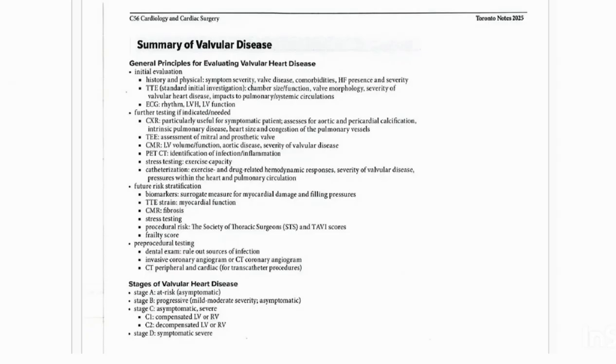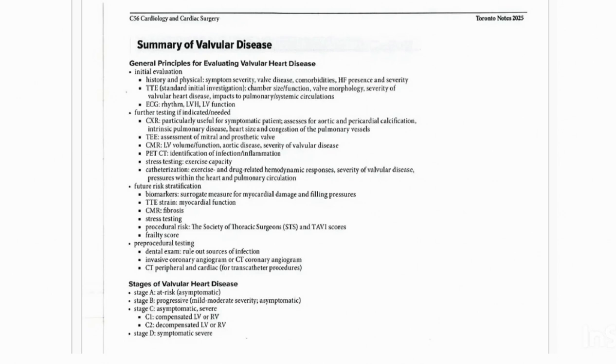Stage C, severe asymptomatic disease. At this stage, severe valvular disease is present, but symptoms have not yet developed. Stage C is divided into 2 subgroups. Stage C1, severe disease with compensated left or right ventricular function.